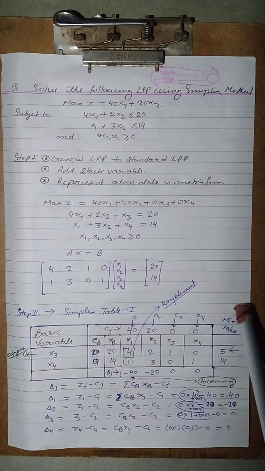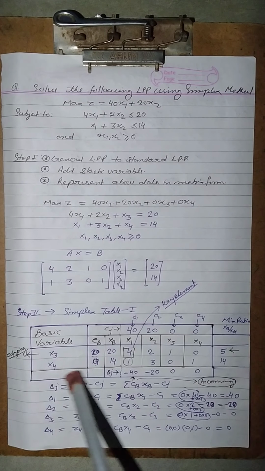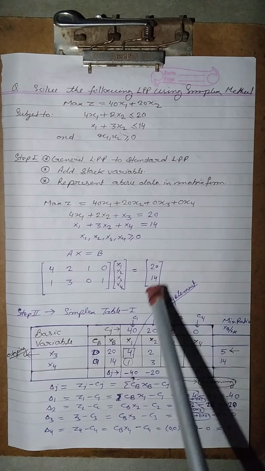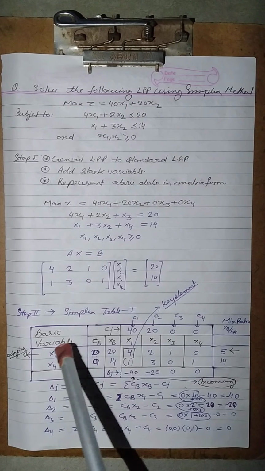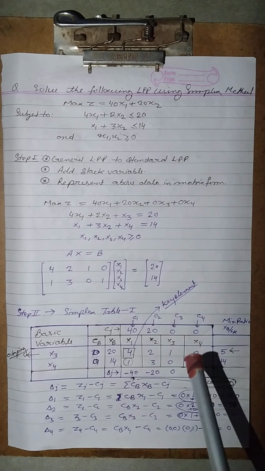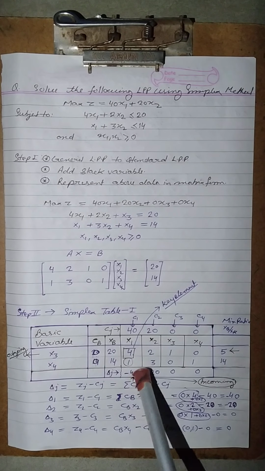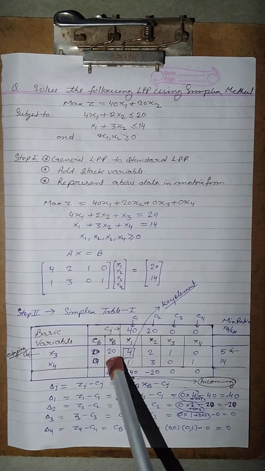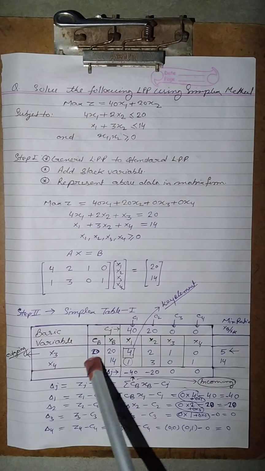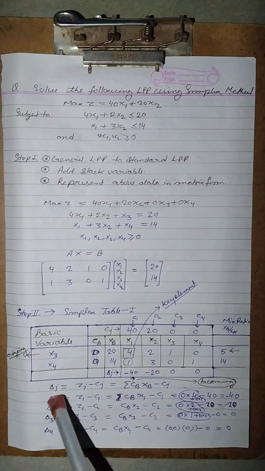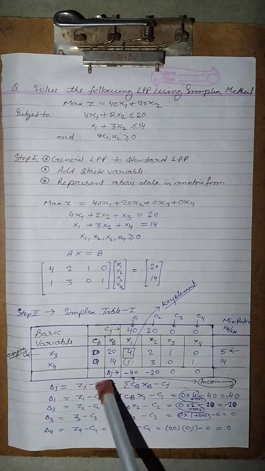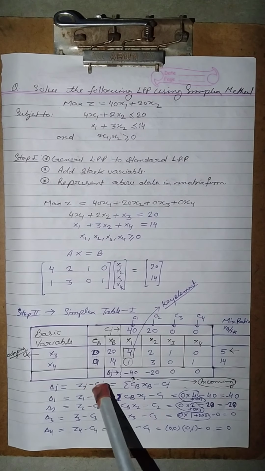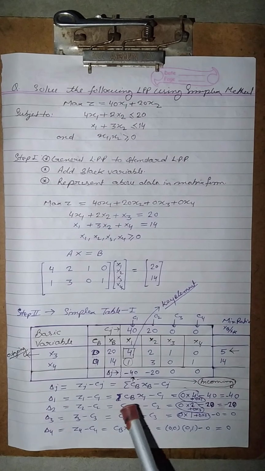After completing this simplex table, our target is to find the key element, the outgoing vector and the incoming vector. First is the incoming vector. For finding the incoming vector we use delta j, where delta j = zj minus cj.